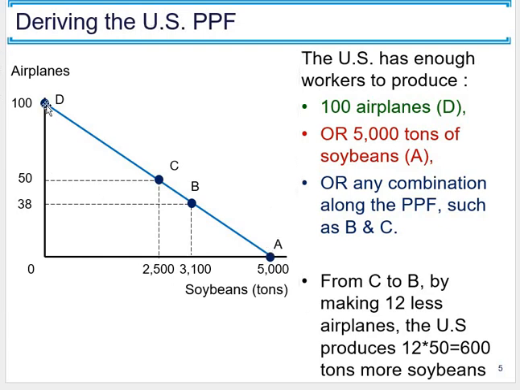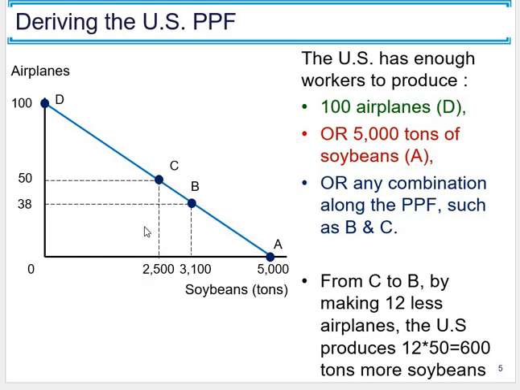If we connect point D and point A, the curve we get is the PPF, the Production Possibilities Frontier. Point C is the midpoint, when we use half of the workers to produce airplanes. We get 50 airplanes and, at the same time, 2,500 tons of soybeans.